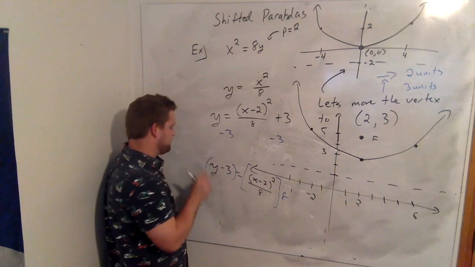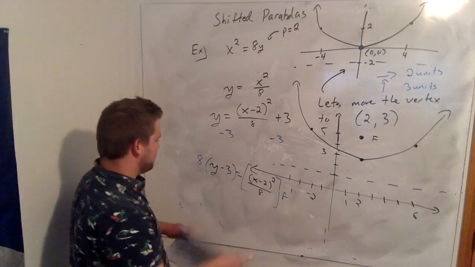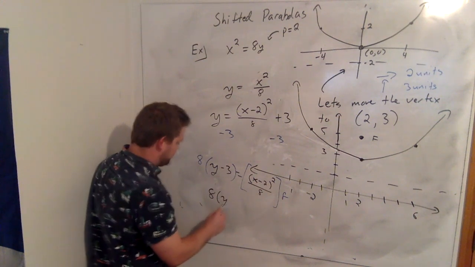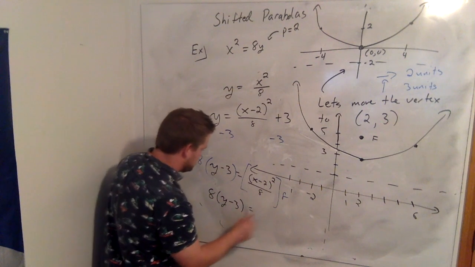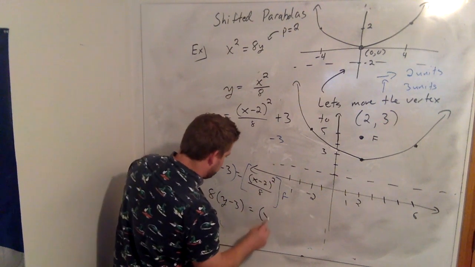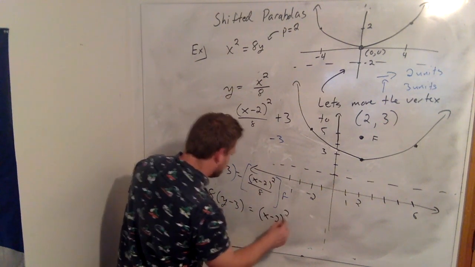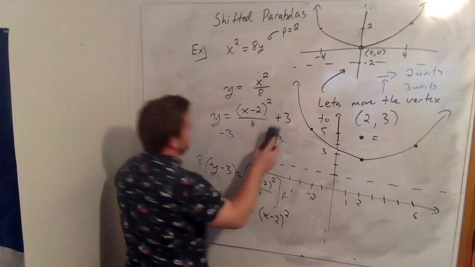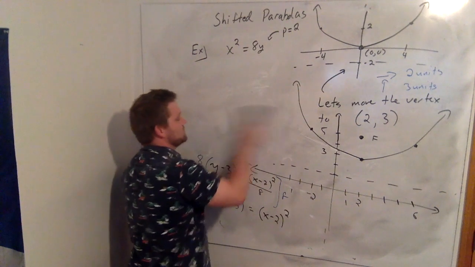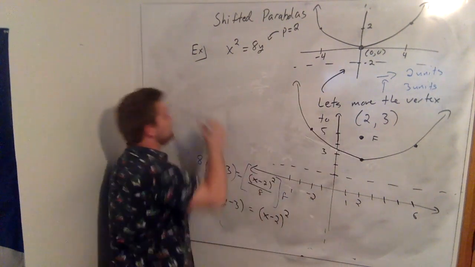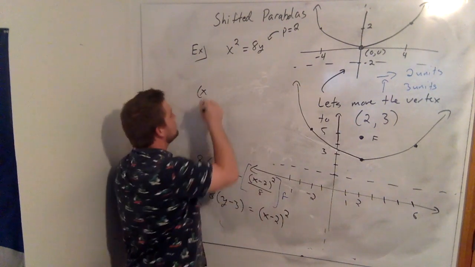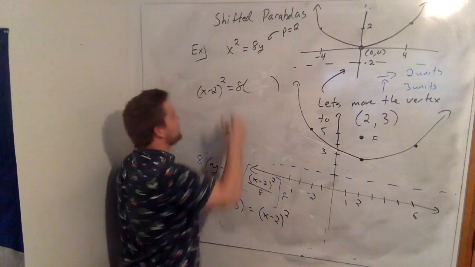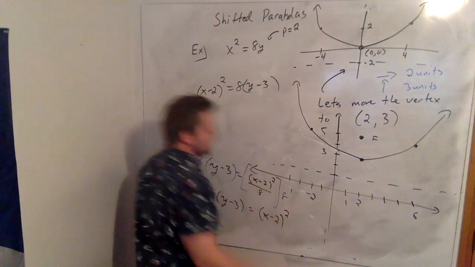We'll have 8 times y minus 3 is equal to x minus 2 quantity squared. I'm going to write it up here: the equation x minus 2 squared will be equal to 8 times y minus 3.